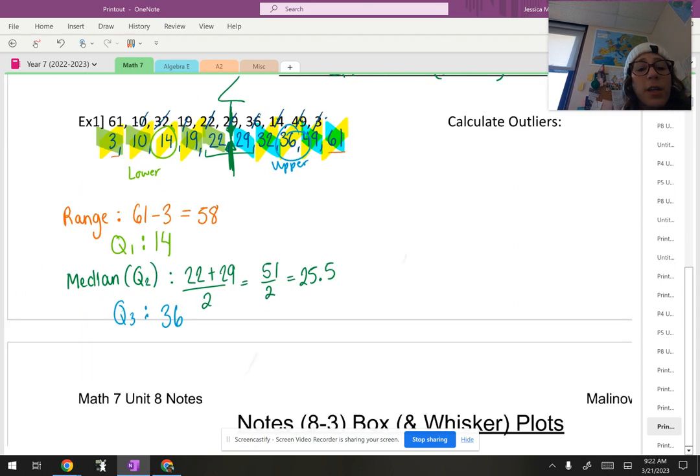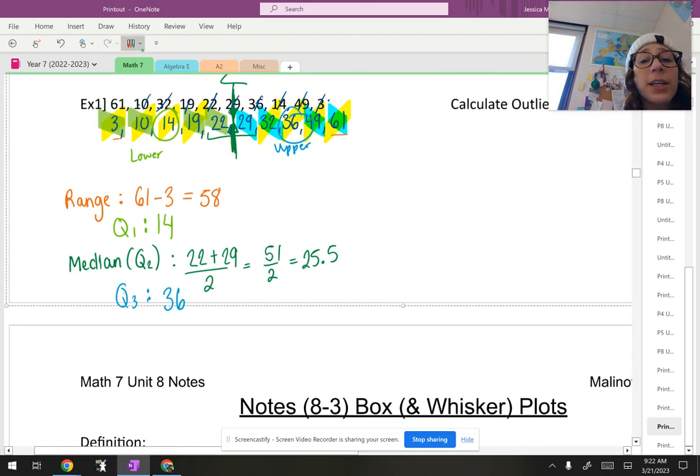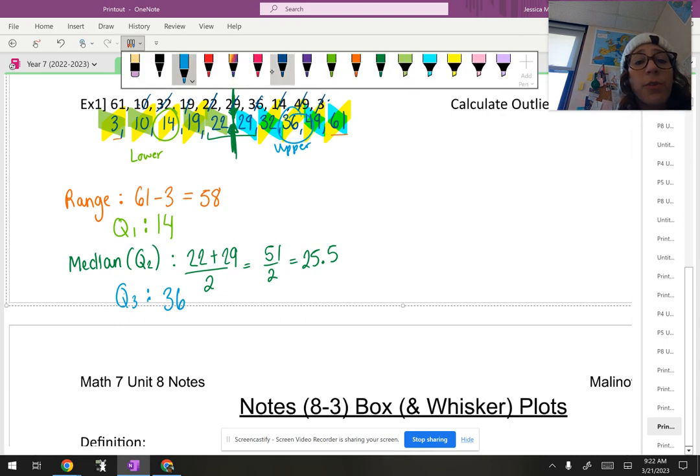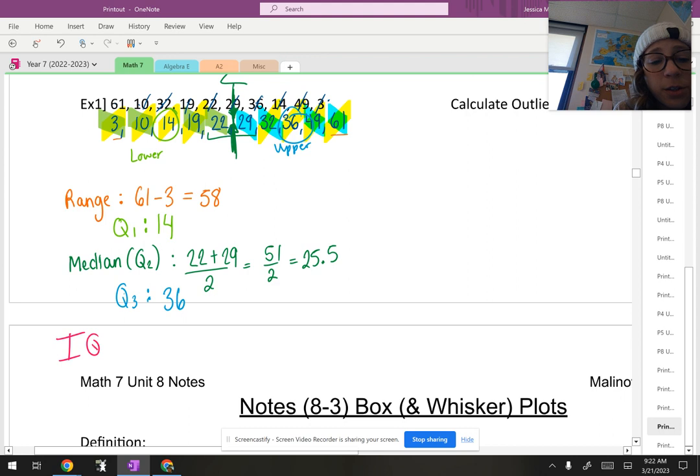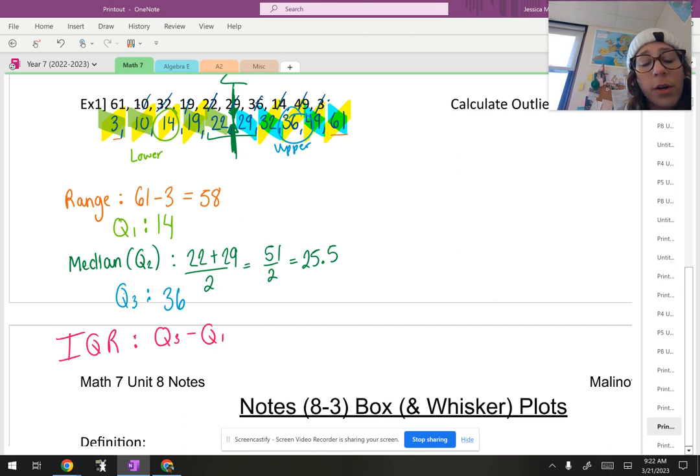So now that I have all of the quartiles, I can use those quartiles to find my interquartile range, my IQR. IQR, if you remember, is taking Q3 and minusing Q1.